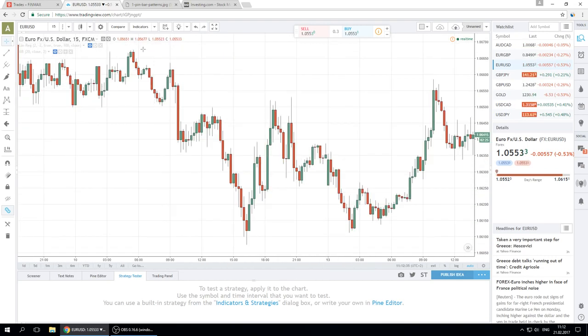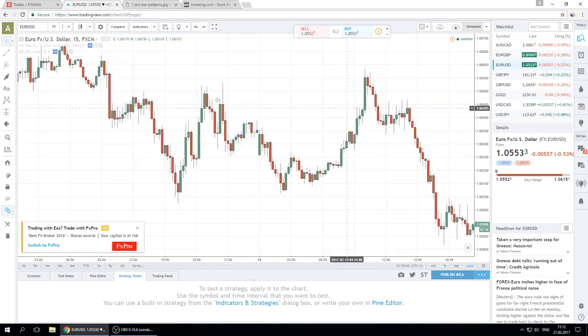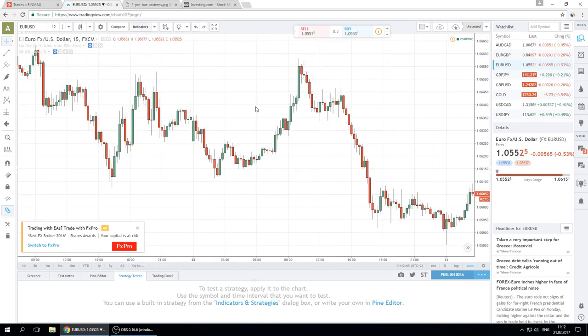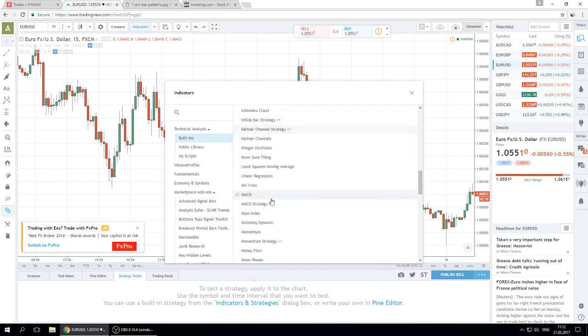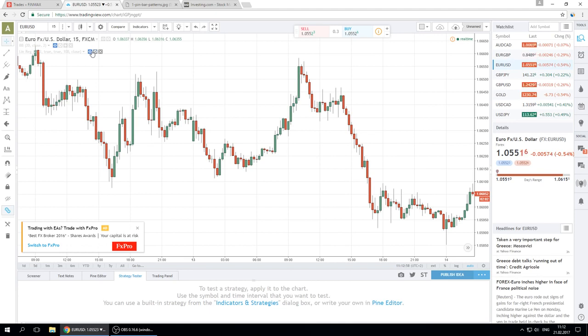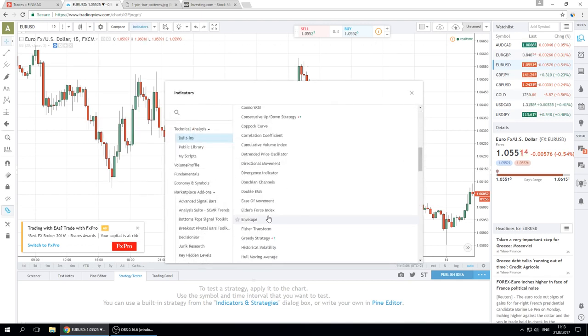And well, in the context of the previous topic that we had, we can also add such an indicator as linear regression, because usually it coincides with the pin bar. Okay, I already have it. Let's try one more time.